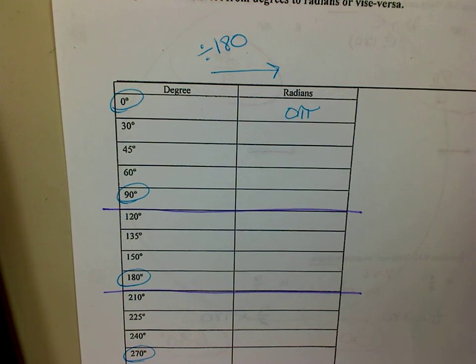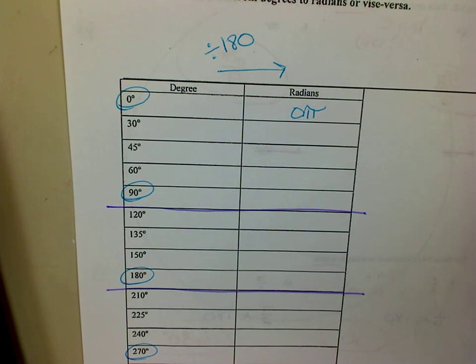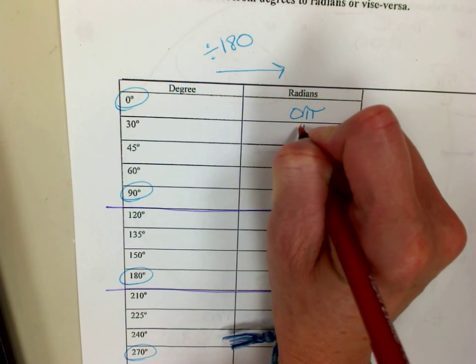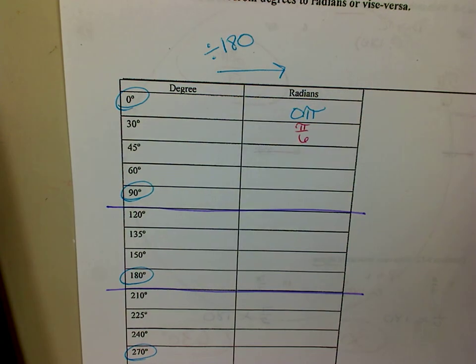Next, 30 divided by 180. I get a decimal. So to make that into a fraction, you hit math, enter, enter. We get 1/6. So pi over 6. 45 divided by 180. I get 0.25. Math, enter, enter.